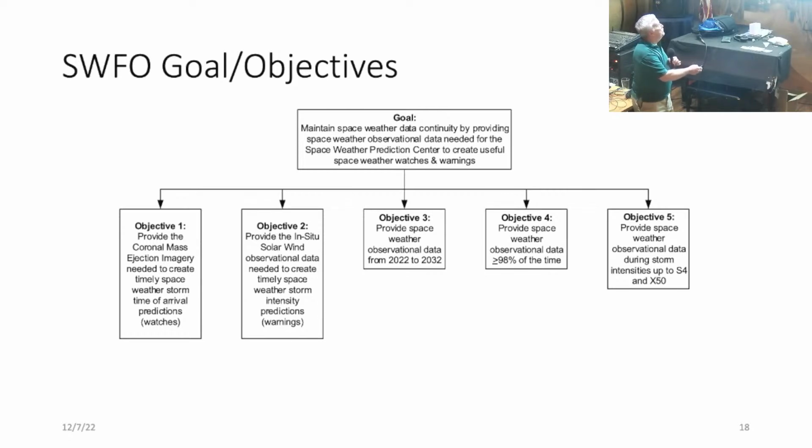And Objective 5, this is related to measuring the intensity of what's coming, and I'm going to get into this in the last slide. The people that do this for a living have set up five-point ranges. They go from 1 to 5. So the S range, S1, 2, 3, 4, 5. That measures an aspect of the intensity of what's coming.